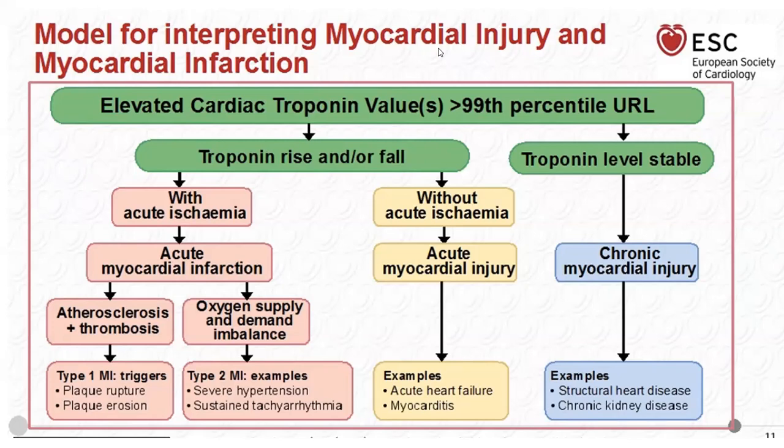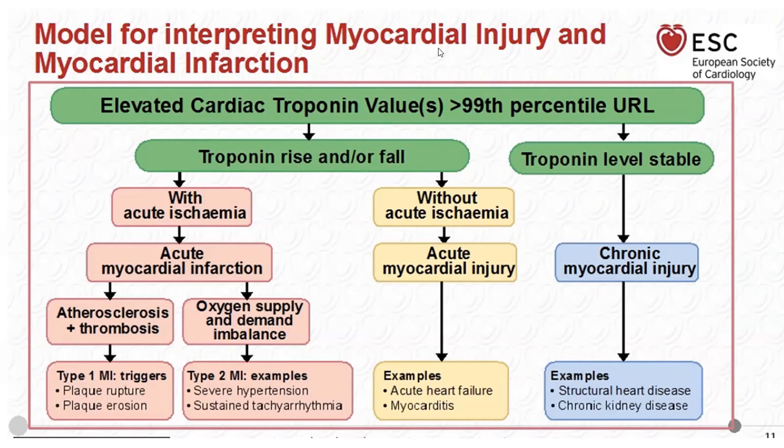And if the troponin level is stable, and you are suspecting that there is chronic myocardial injury, there are certain conditions we need to think of, such as chronic kidney disease and structural heart disease. And I'm sure when you're referring patients to us in cardiology, it's quite important to note the renal function of the patient so that we are able to track the rise of the troponin level.